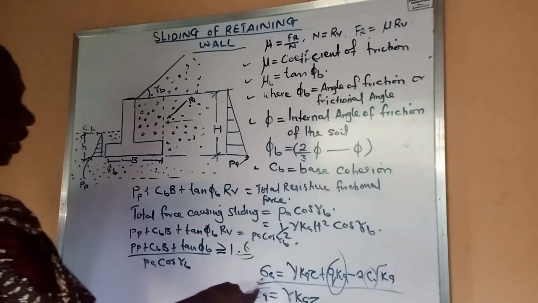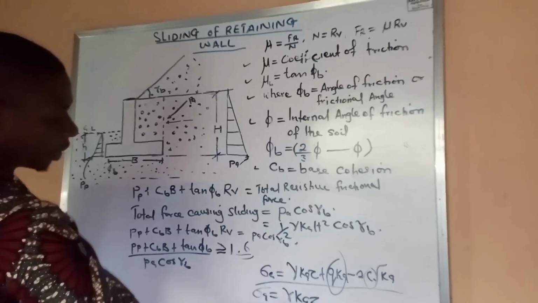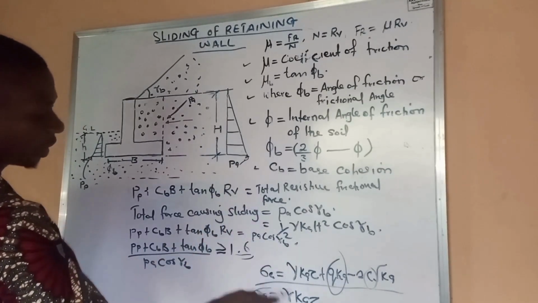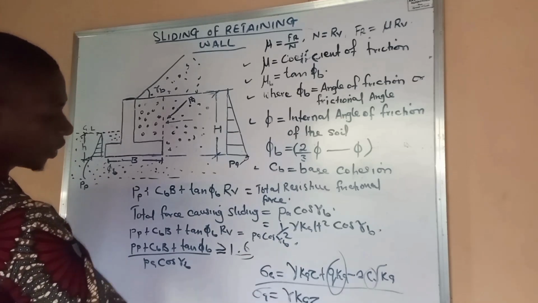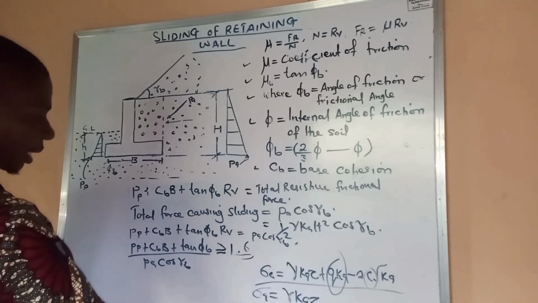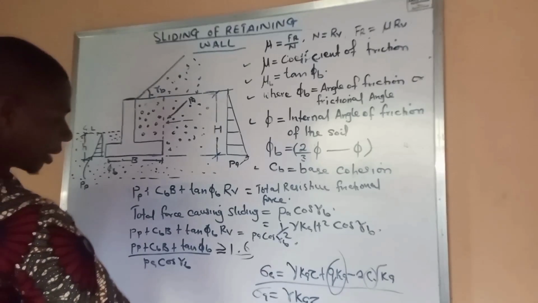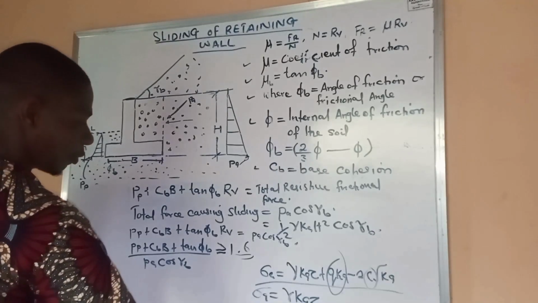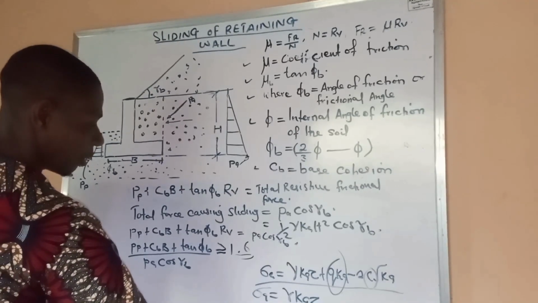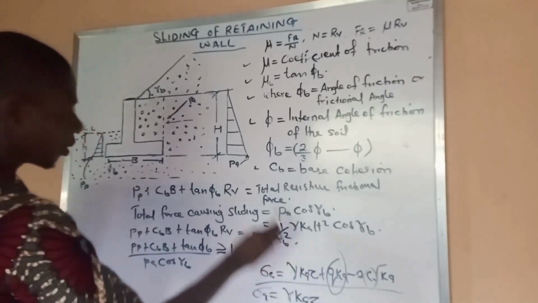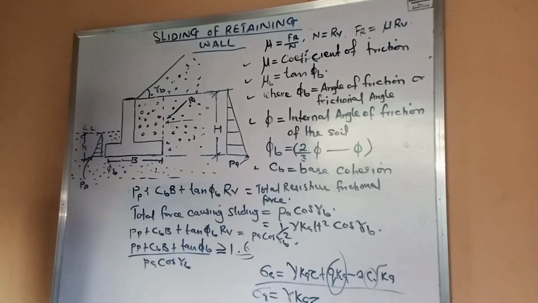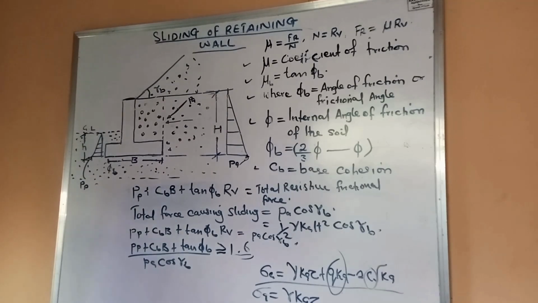So we are having the pressure at the base at this point. Let's call it the active pressure, gamma KA. Of course, we know what our K stands for. Our K we know is 1 minus sine phi over 1 plus sine phi, where phi is the internal angle of friction of our backfill soil. Now we have this formula.